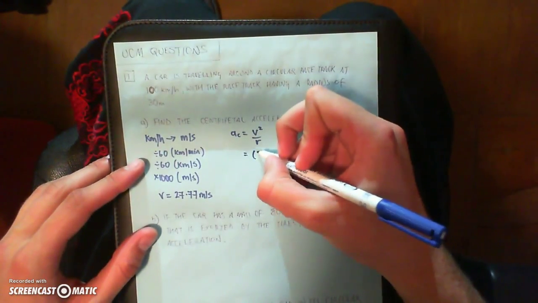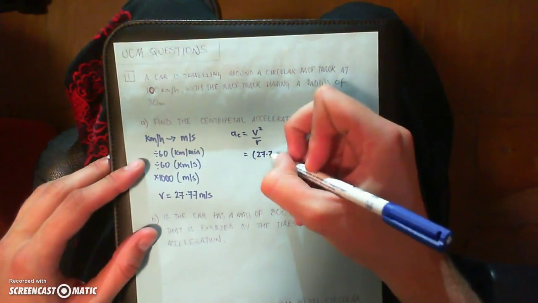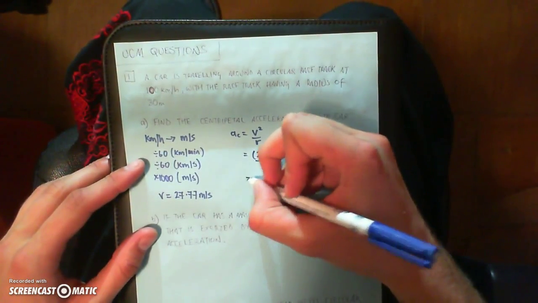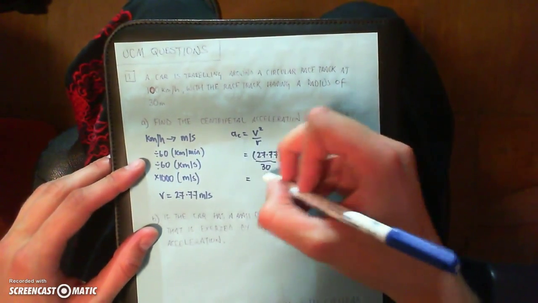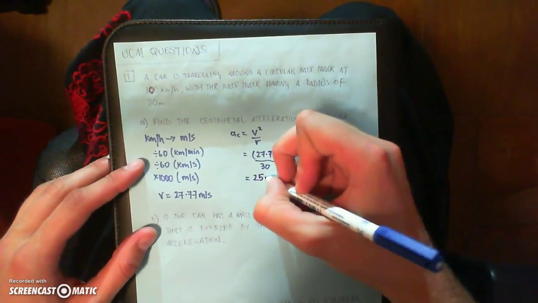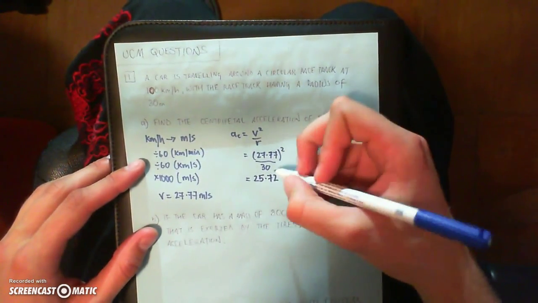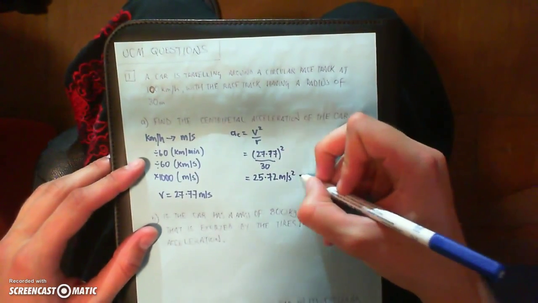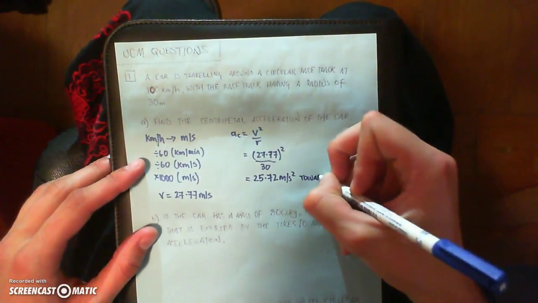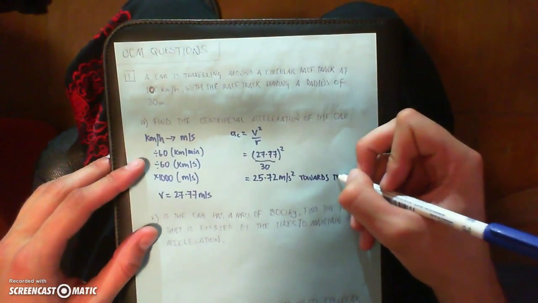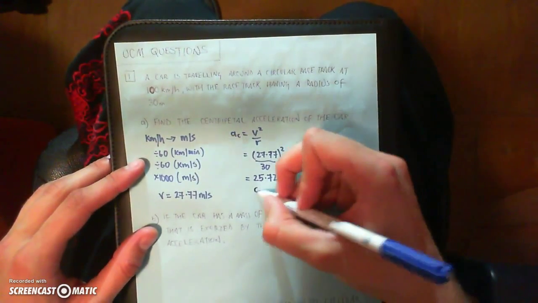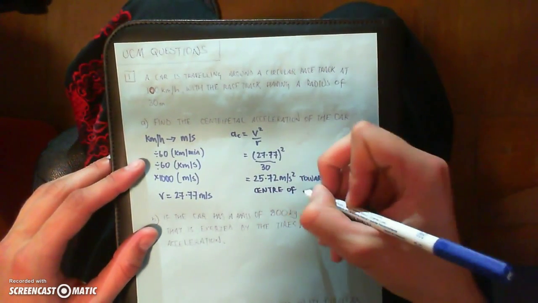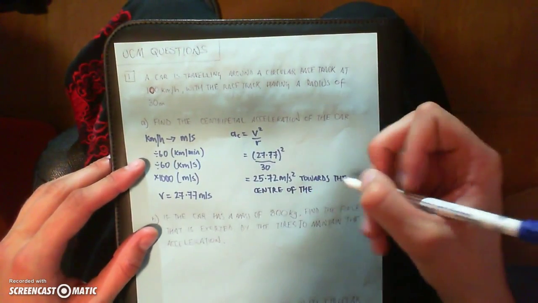So V is 27.77, R is 30, and using a calculator again, we get the value of 25.72 meters per second squared towards the center of the track.